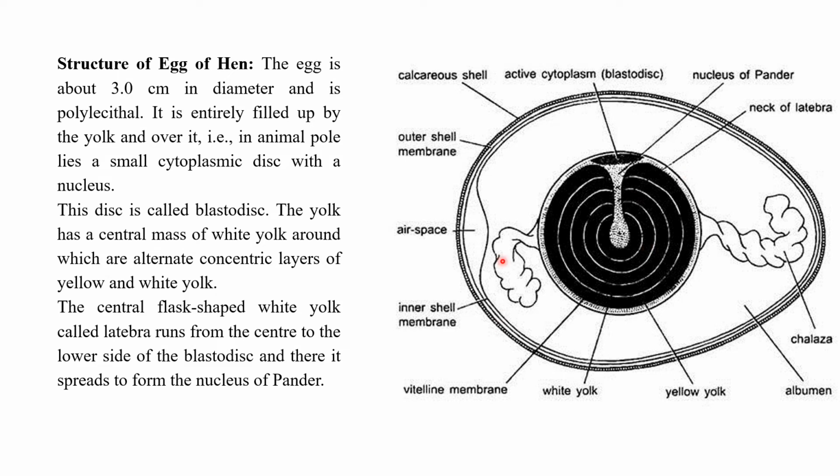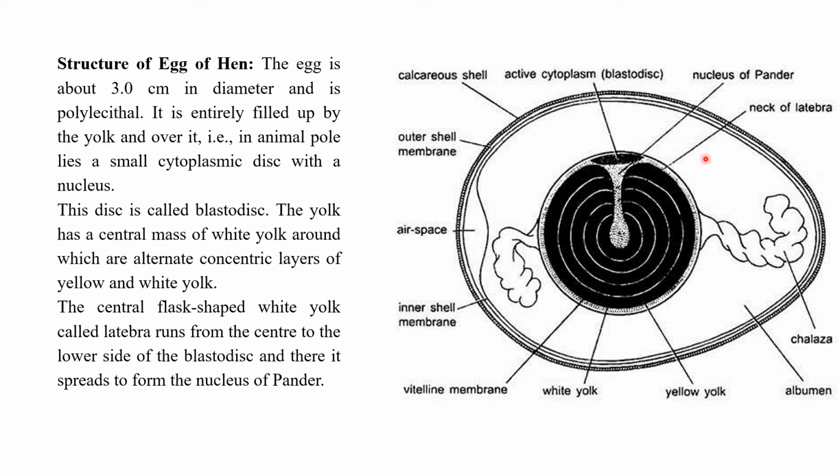So they produce concentric layers of yellow and white yolk. The central flask-shaped white yolk is called latebra and runs from the center to the lower side of the blastodisc, and there it spreads to form the nucleus of Pander.